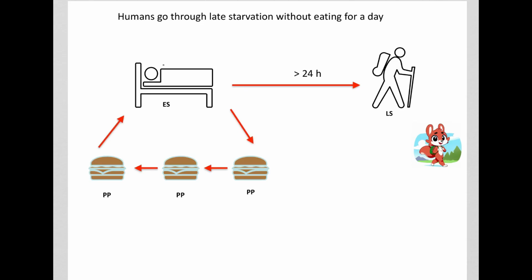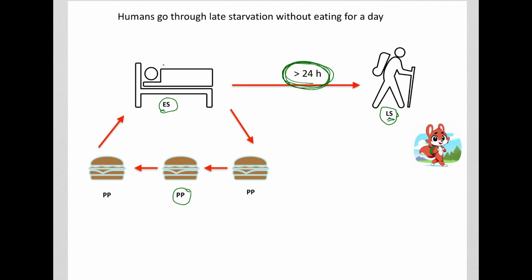Besides the early starvation program as well as the postprandial program, we do have another metabolic program, and this is called the late starvation state. This happens if we do not eat for more than about 24 hours, about a day.